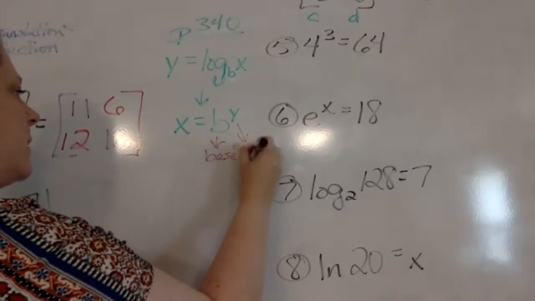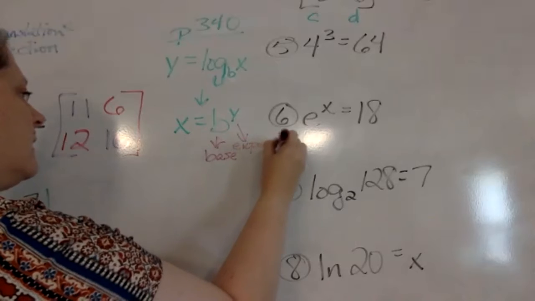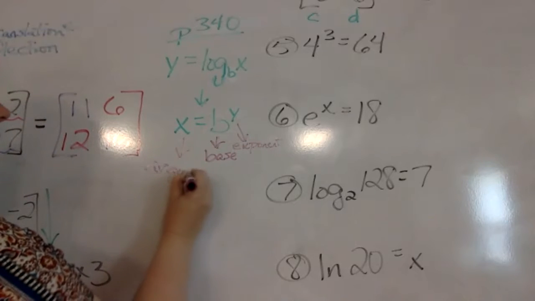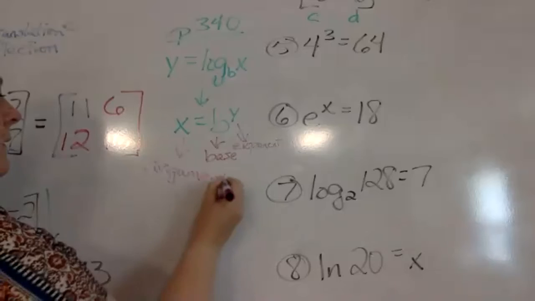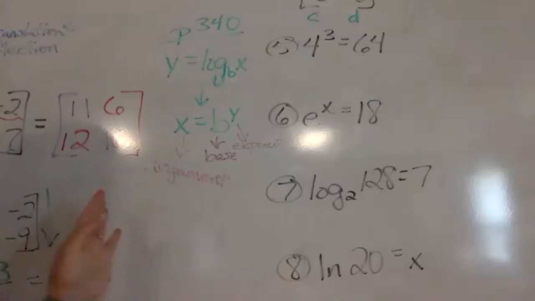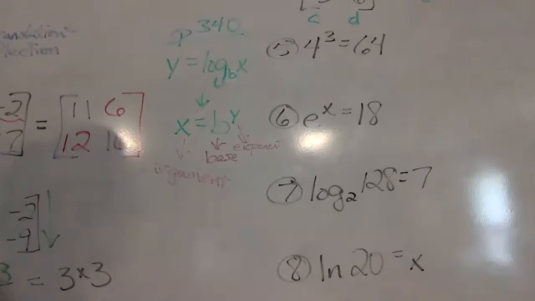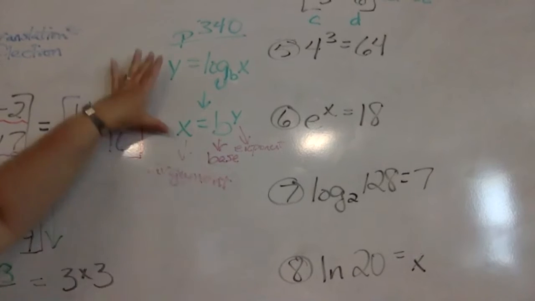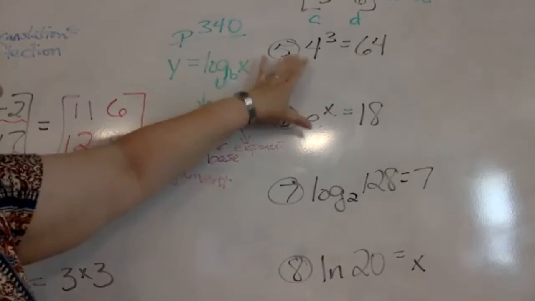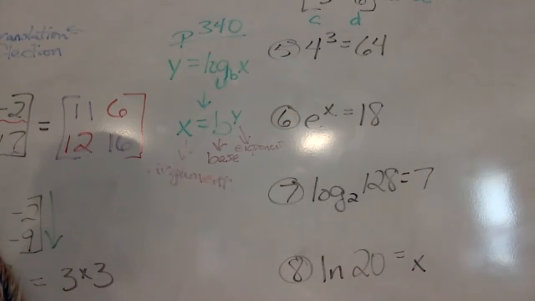This is the exponent. This is what we call the argument. Does that word sound familiar? You fought with your parents, but an argument, okay? A math argument, not a yelling argument. So these are our basic things that we're going to use for 5, 6, 7, and 8.